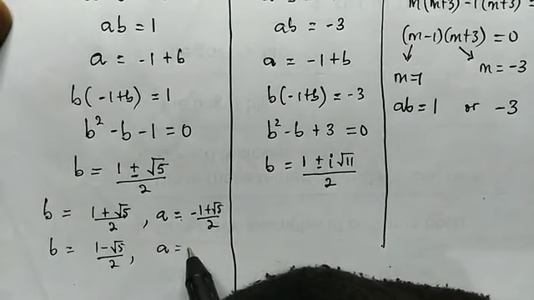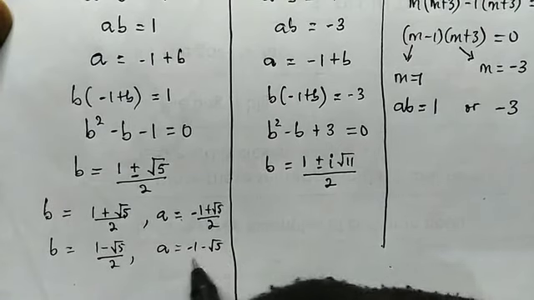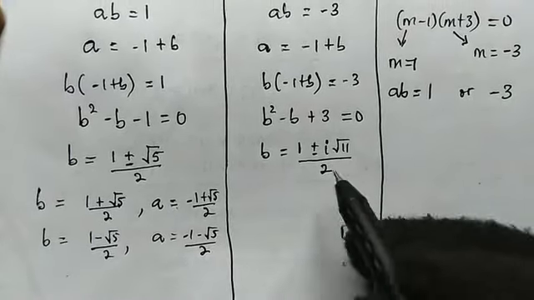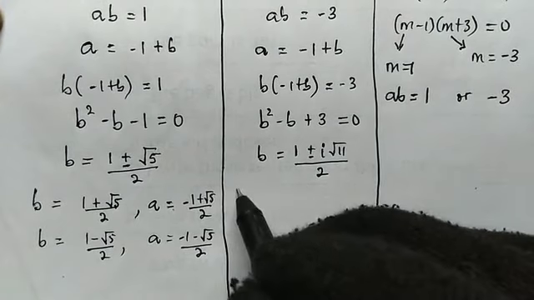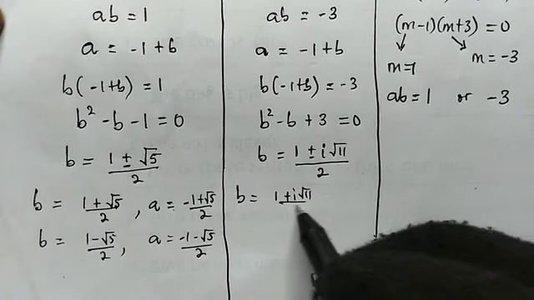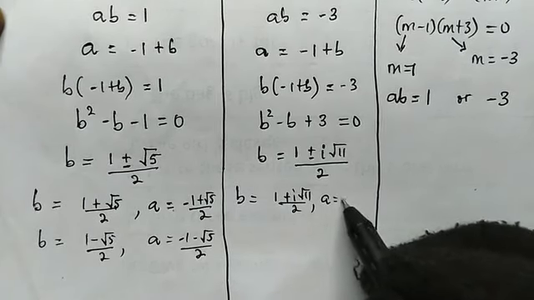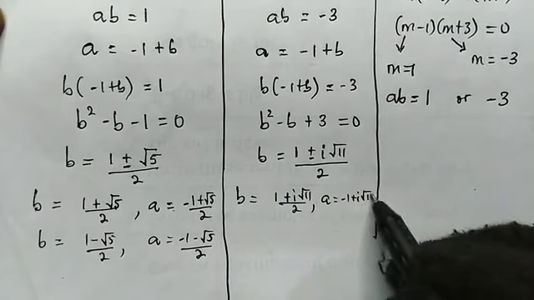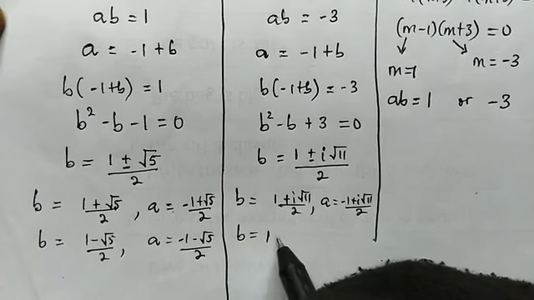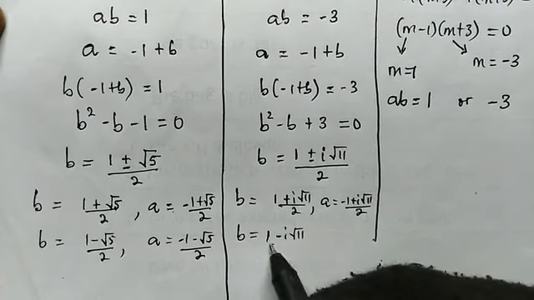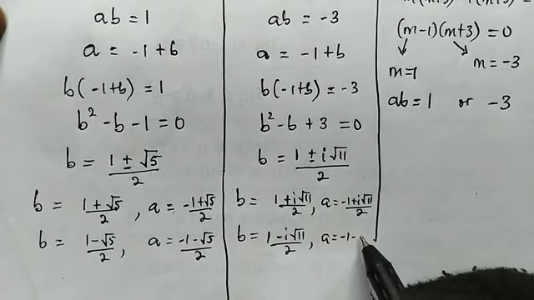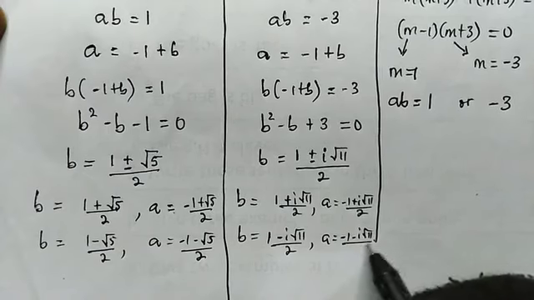Then a will be equal to negative 1 minus root of 5 over 2. Okay, so here, let's solve for a. When b is equal to 1 plus i root of 11 over 2, a will be equal to negative 1 plus i root of 11 over 2. When b is equal to 1 minus i root of 11 over 2, a will be equal to negative 1 minus i root of 11 over 2.